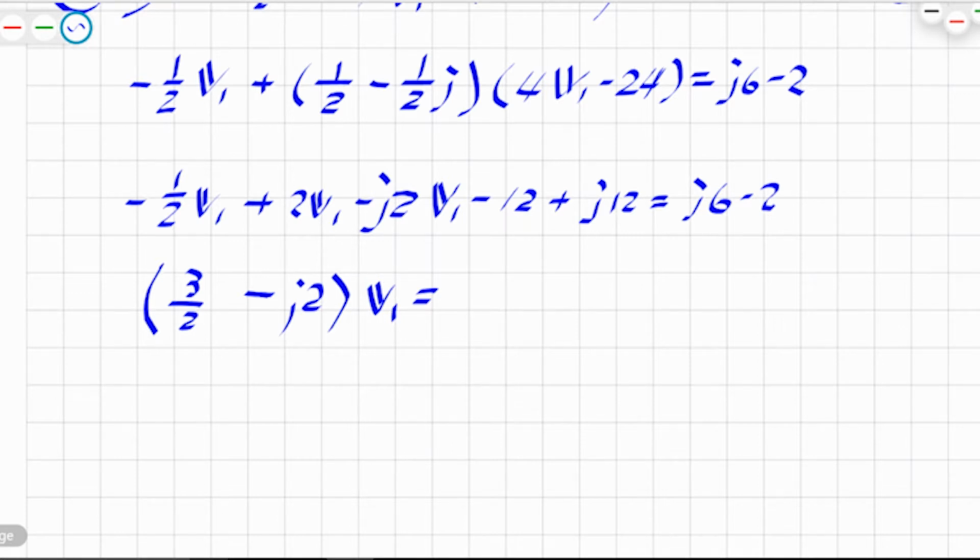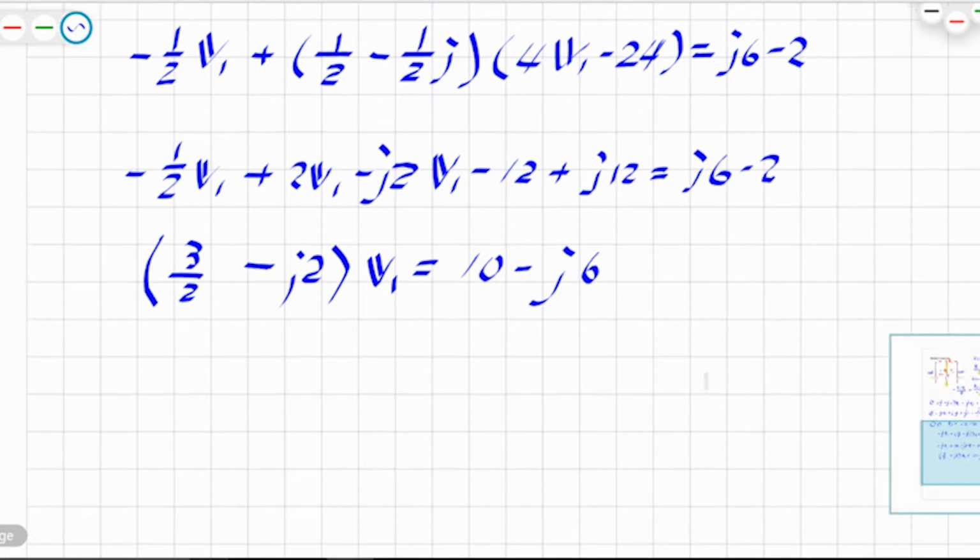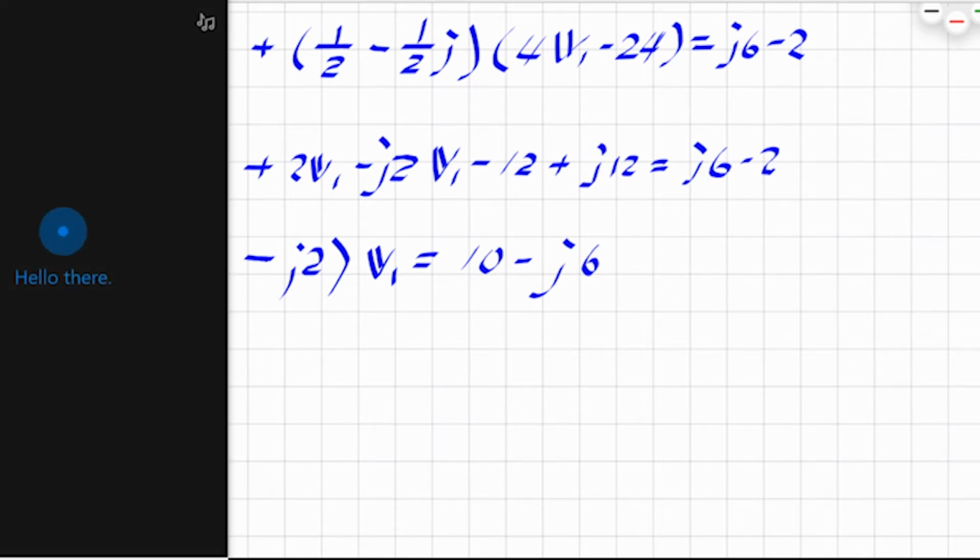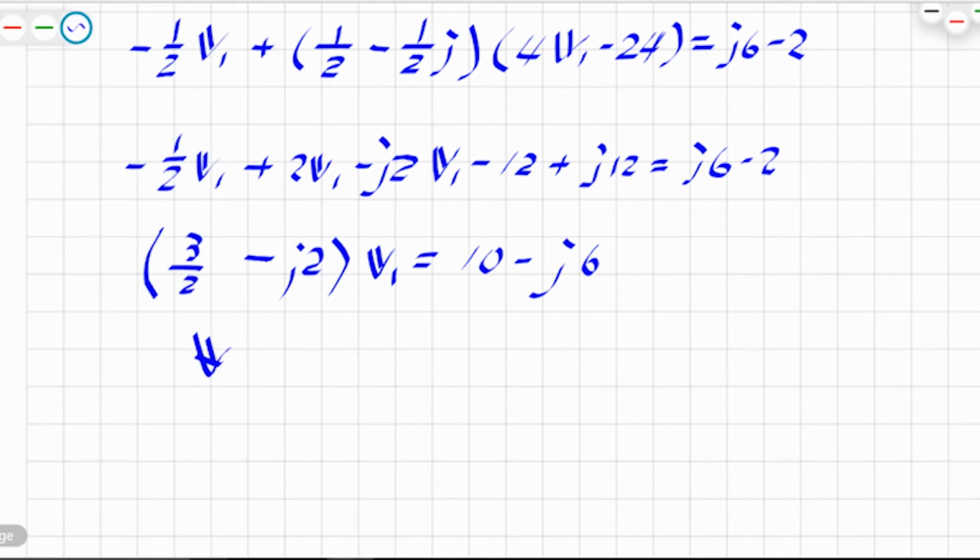So we're going to have 10 minus J6: positive 12 minus 2 is equal to 10, negative J12 plus J6 equals negative J6. So eventually V1 is equal to 10 minus J6 divided by 3/2 minus J2.